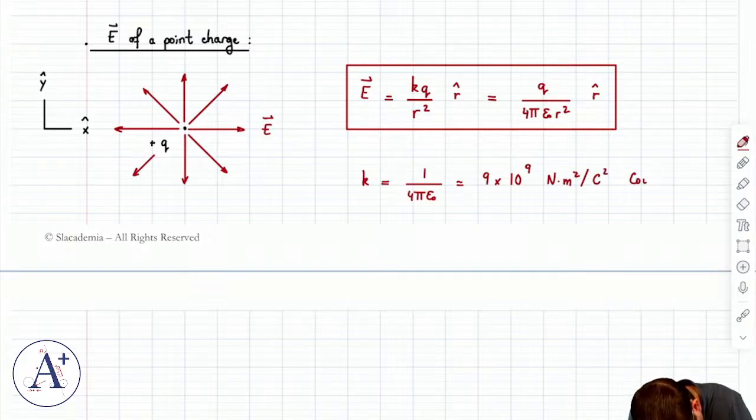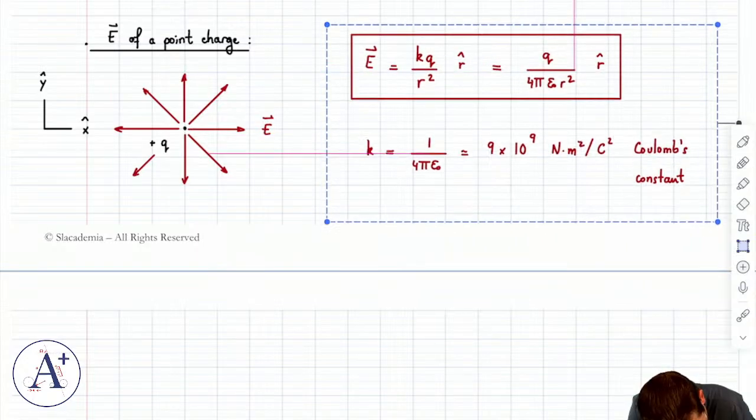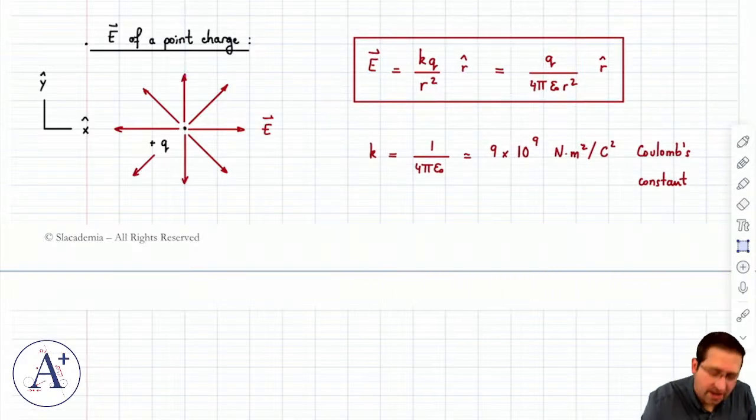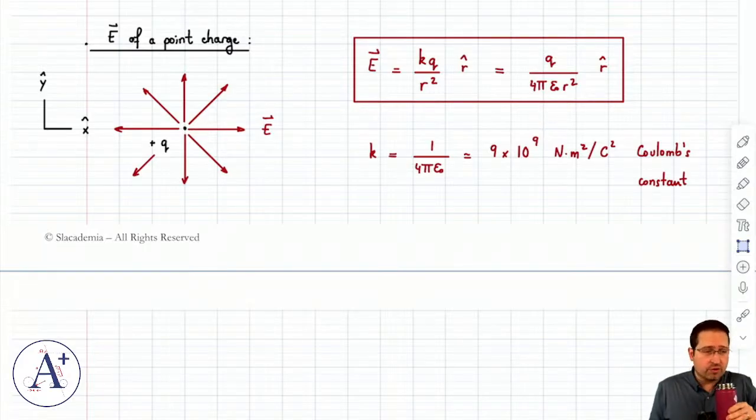And this is called Coulomb's constant. So k is Coulomb's constant. You can use k or 1 over 4 pi epsilon naught. We're not really in agreement. Some people prefer one over the other. I don't really care, but you should know that k is 1 over 4 pi epsilon naught.